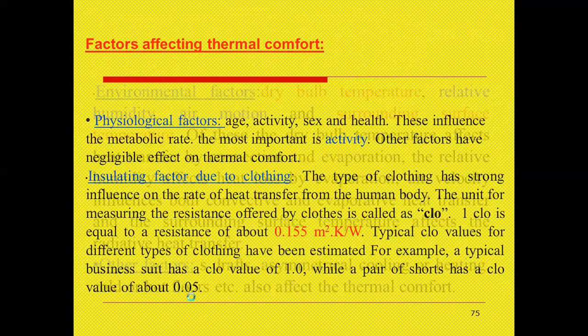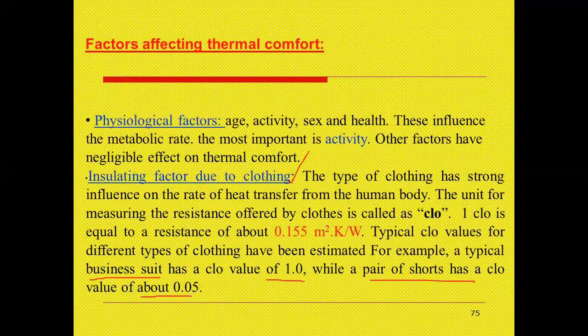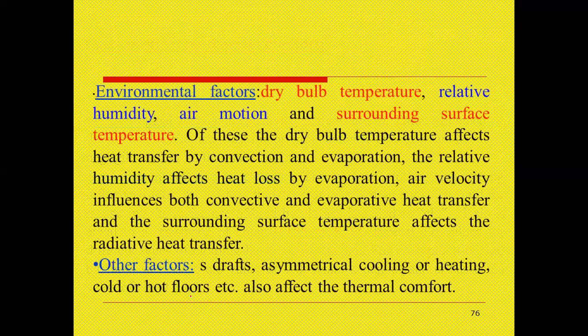Okay. Next, environmental factors. So we have physiological factors, insulating factors due to clothing, and environmental factors. The environmental factors are the dry bulb temperature, relative humidity, air motion and surrounding surface temperature. Of all these, the dry bulb temperature affects heat transfer by convection and evaporation.